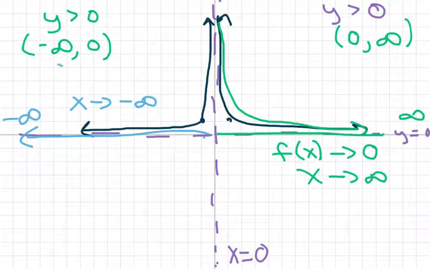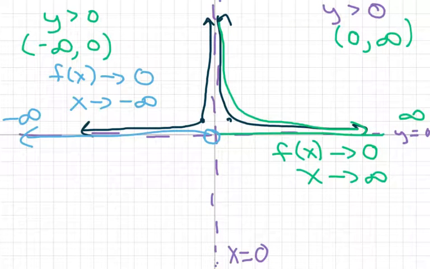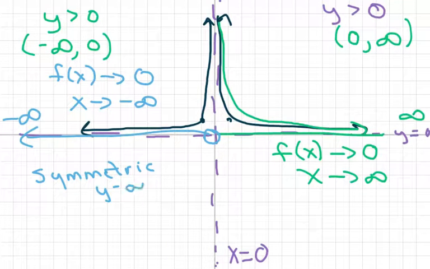The y, your f of x, also gets closer and closer to 0. This is your 0 here. Okay? Now, is it symmetric? Yes, it's symmetric to the y-axis. That means it's an even function.